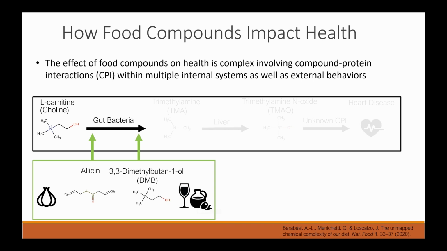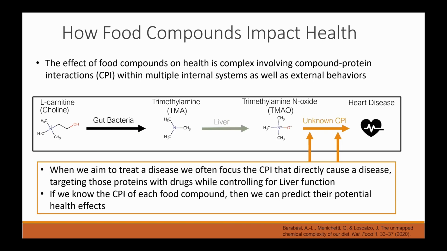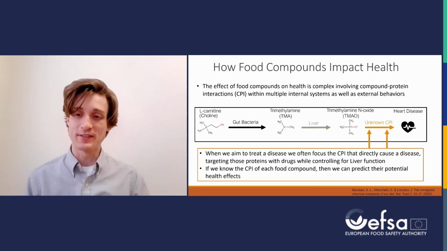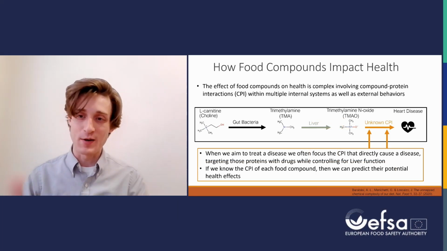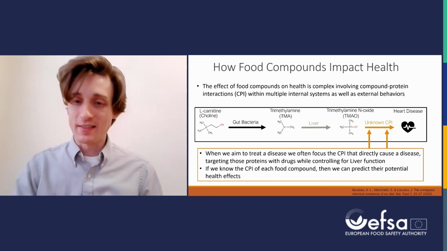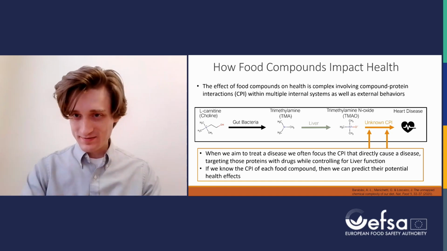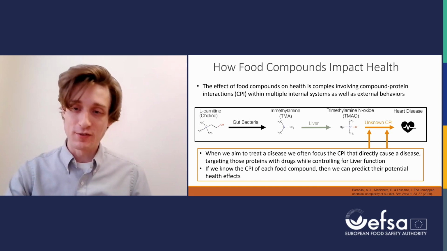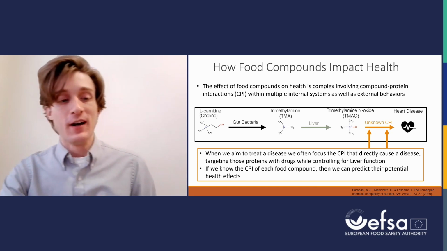So the way that food compounds behave in our body is very complex, yet we can take some inspirations from drug development, as I said before, where what they do when looking at how to treat diseases is they look at, say, the compound protein interactions that are occurring at the end of this plot, that cause the disease, and they treat there, right?